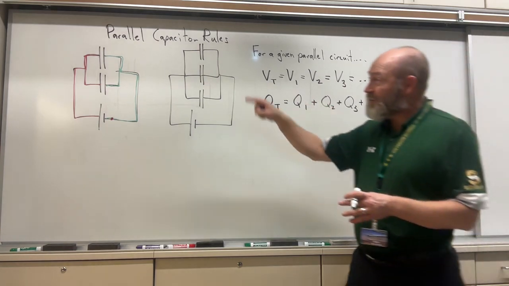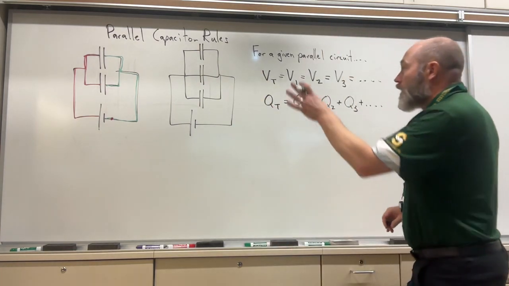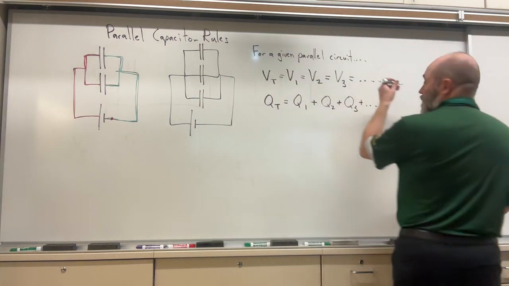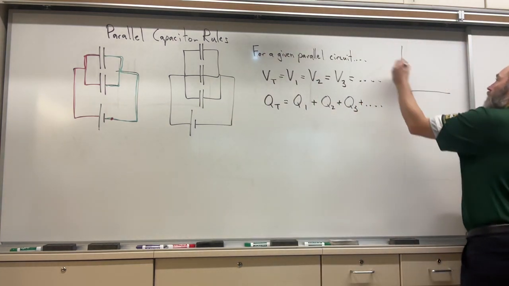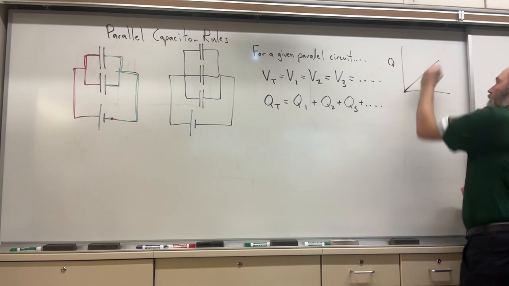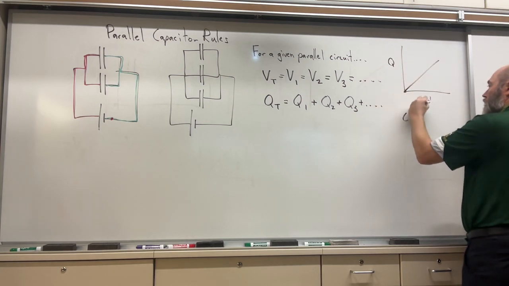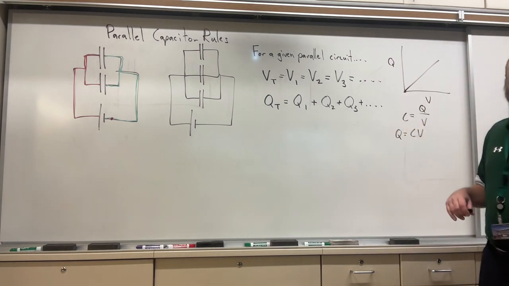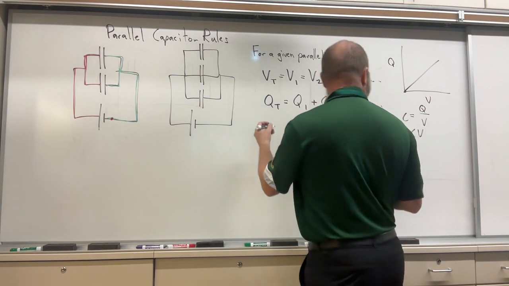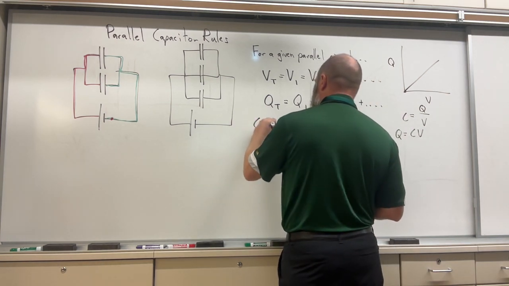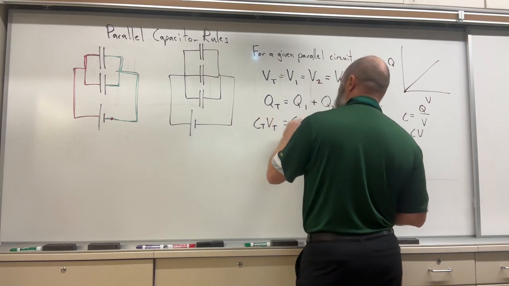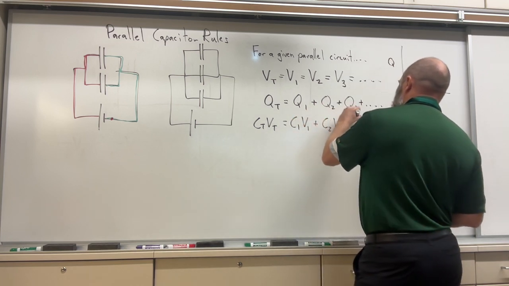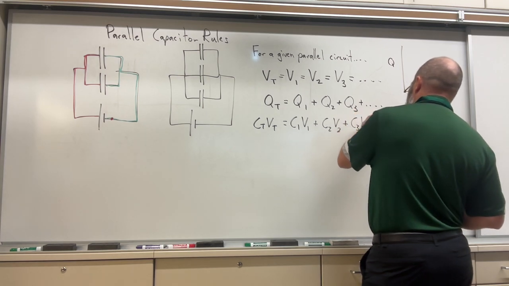But then, if I want to find the total capacitance of my circuit, remember this is our most important graph. Remember capacitance is Q over V. If I solve this for Q, I get C times V. Is everybody with me there? So instead of my Q's, I say CT times VT equals C1 times V1 plus C2 times V2 plus C3 times V3 and so on.